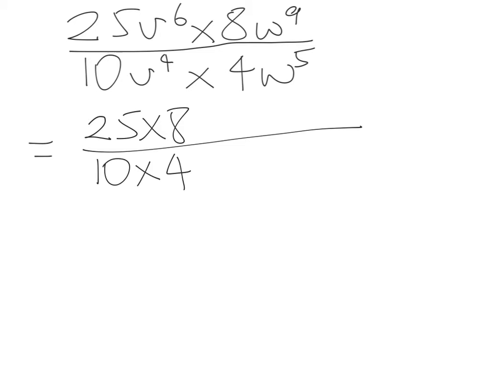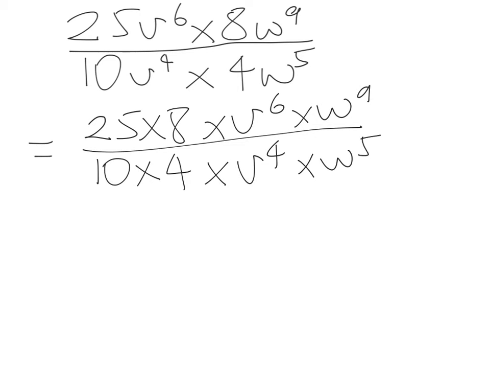If I look at the v's, there's a v to the power 6 on the top, on the numerator, and a v to the power 4 on the denominator, a w to the power 9, and a w to the power 5. If I look at the numbers, you can see there's some cancelling that can go on there.